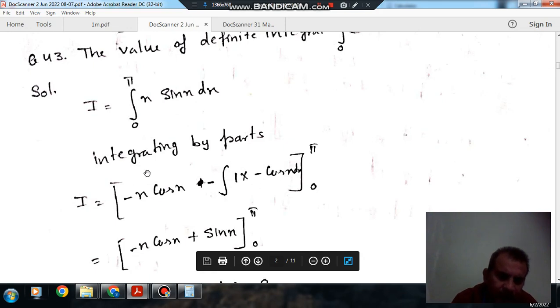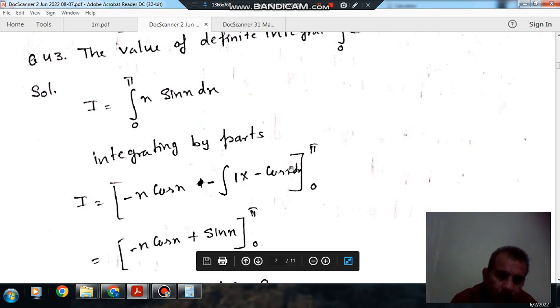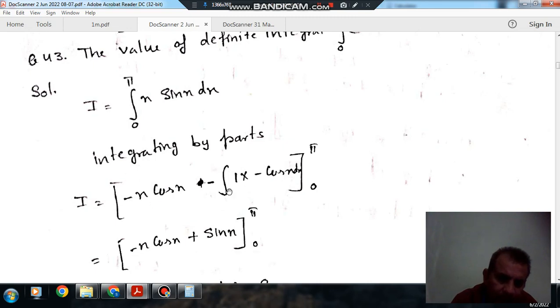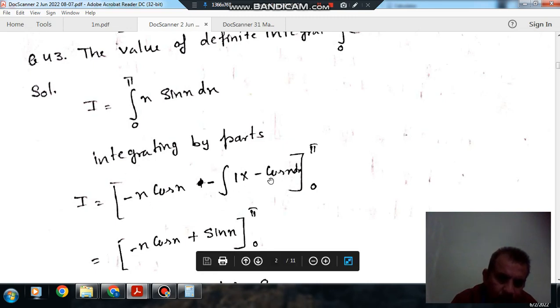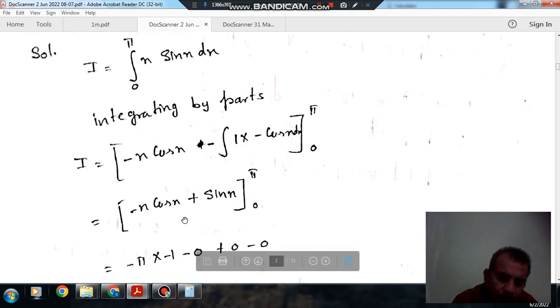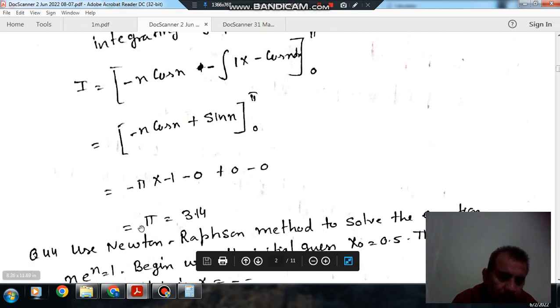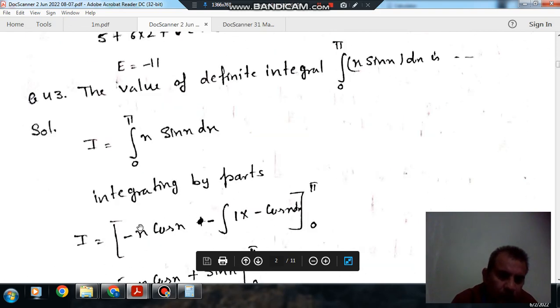This is the method of integration by parts. Now we can perform integration again, changing minus and minus to plus. Integration of cos x will be sin x. If we put the limit, we get the value of I as pi or 3.14. So answer is 3.14.